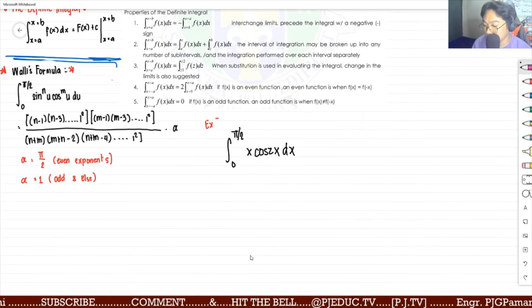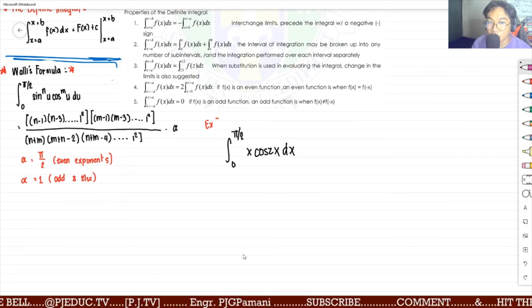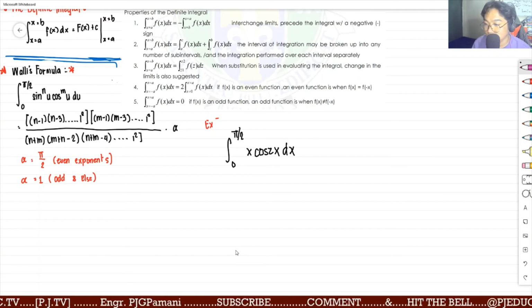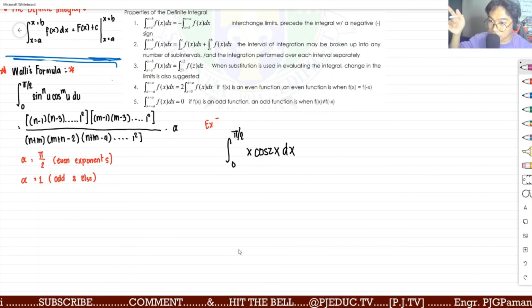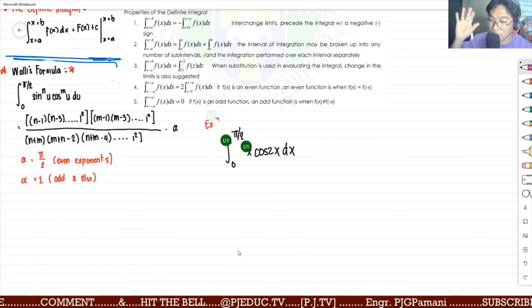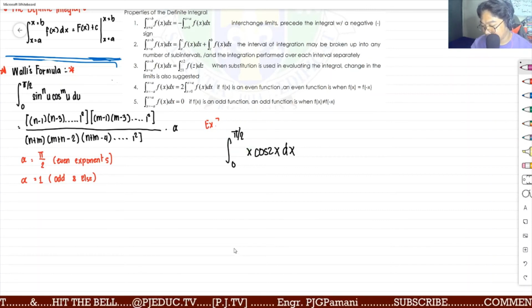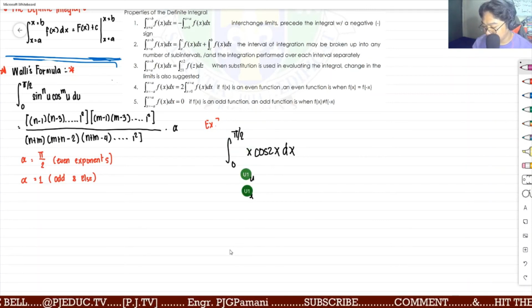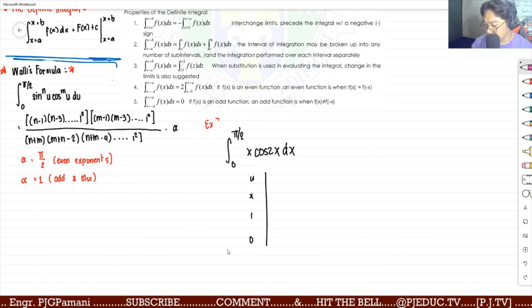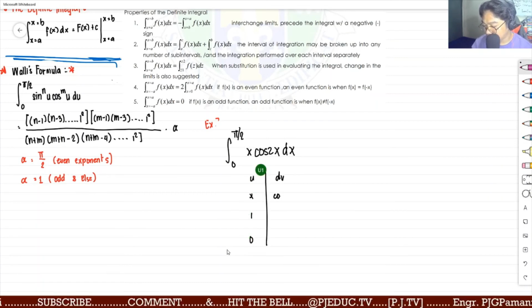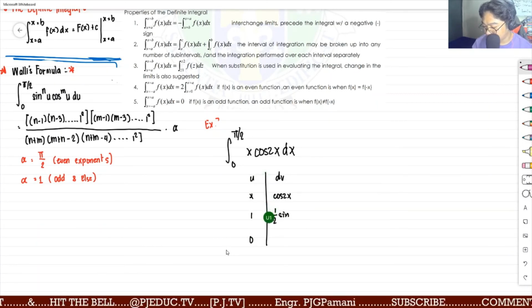Pag unrelated, we are going to use integration by parts. Function u is x, dv is cosine 2x. Then v is the integral, 1/2 sine 2x.